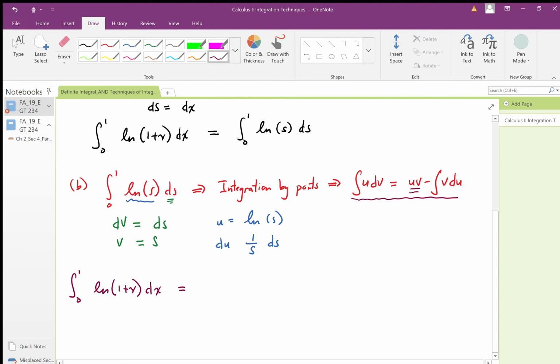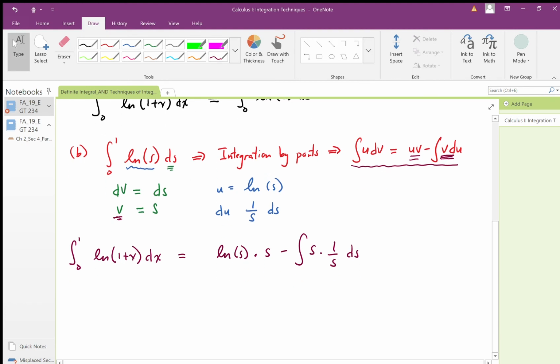The u happens to be the natural log of s times my v, which is s, minus the integral of v du, my v being s times du, 1 over s ds.